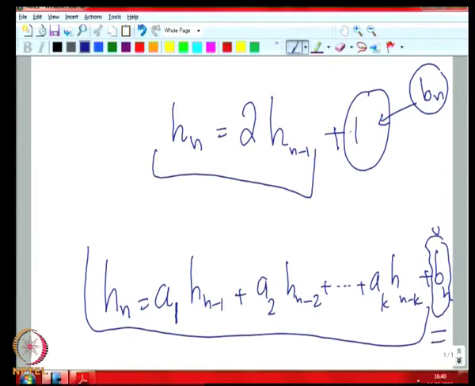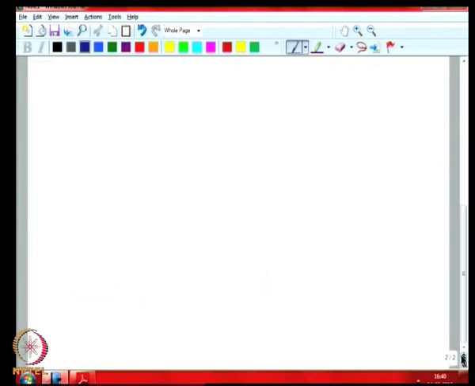Here this is a non-homogeneous recurrence relation, because here Hn equal to 2 into Hn minus 1, here A1 is equal to 2, and there is nothing more, because k equal to 1 here, it is a first order recurrence relation, and then this plus 1 corresponds to this Bn. So, now there are 2 parts to it.